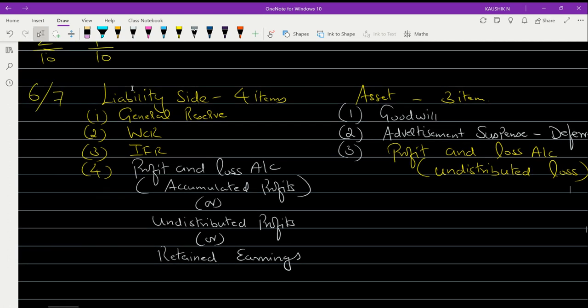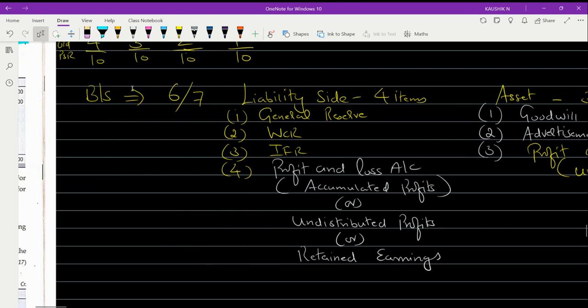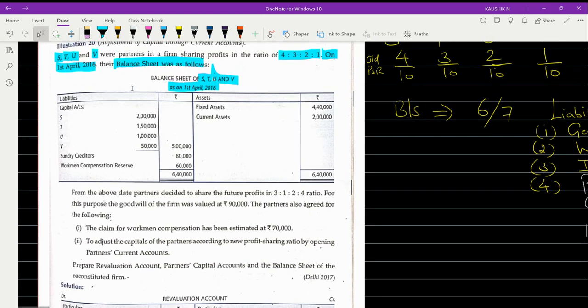So you have to first check in the balance sheet whether any of these items are available in the given balance sheet. On the asset side, I have fixed assets and current assets, so I don't have any of those items. Let's check our liability side.